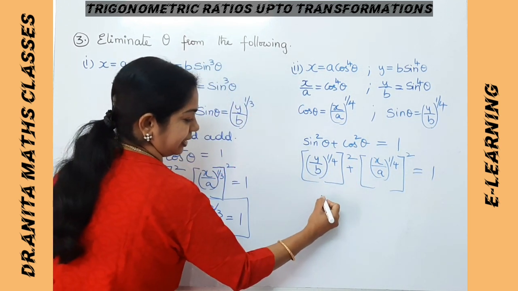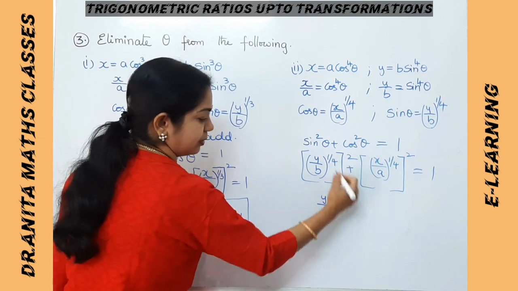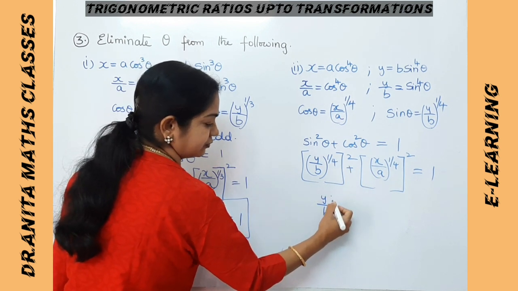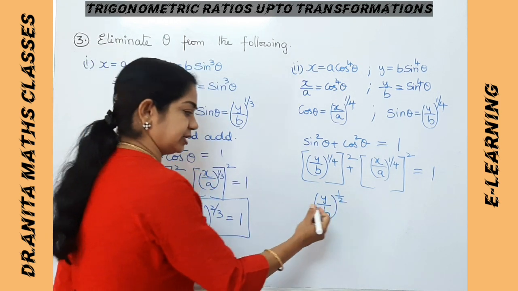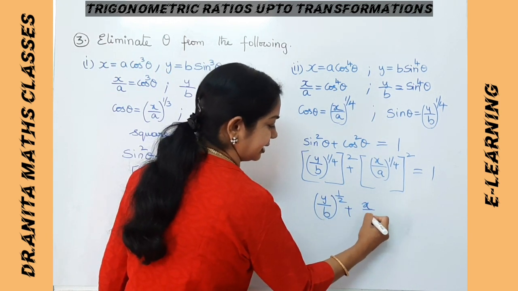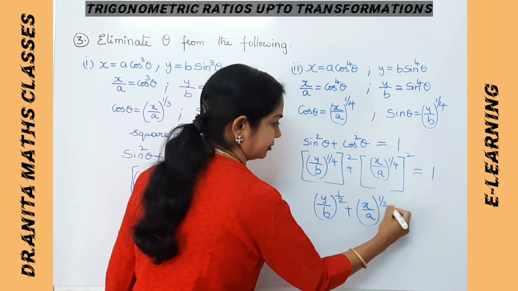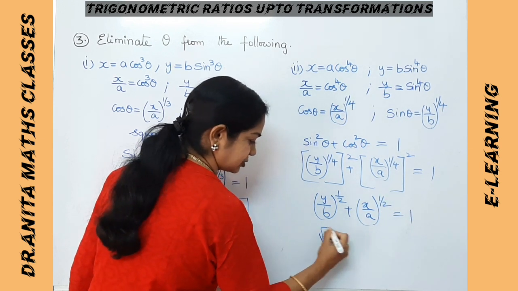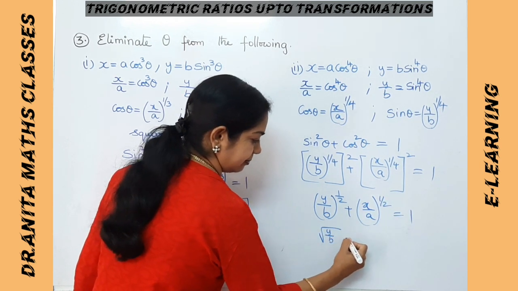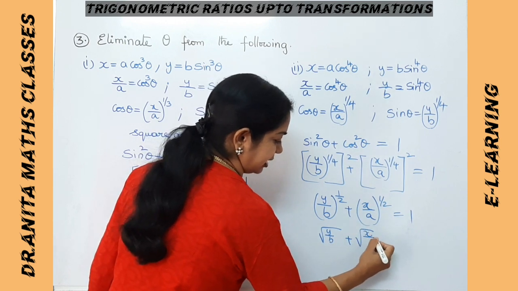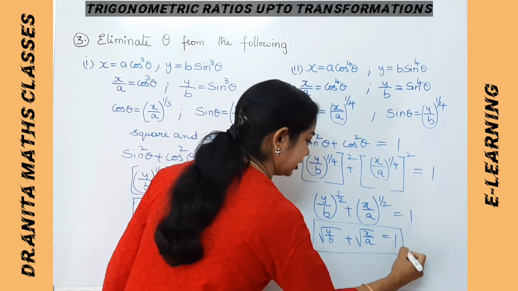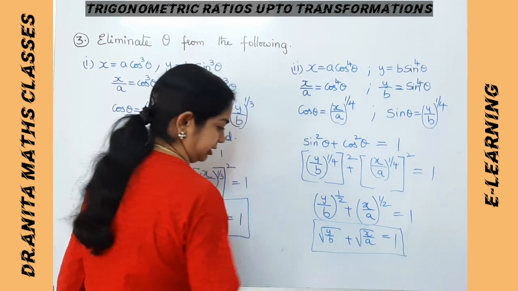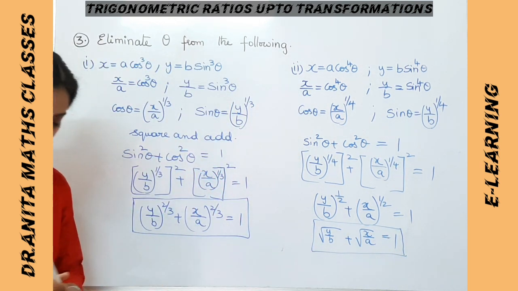If you multiply 2 by 4, that is raised to the power of 1 by 2. We can cancel it with a 2. So that is nothing but square root of y by b plus square root of x by a equals 1. So we have eliminated theta and got the equation in the variable form. Okay, please pause the video and note it down.